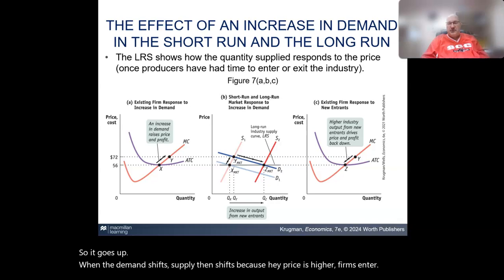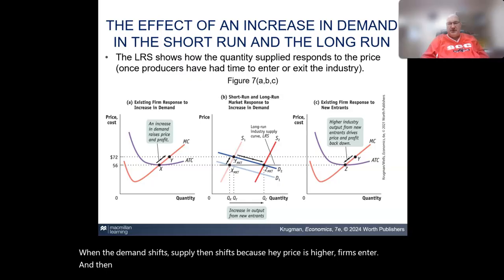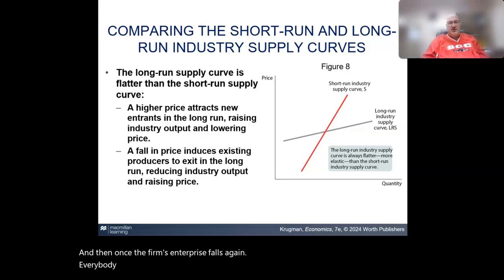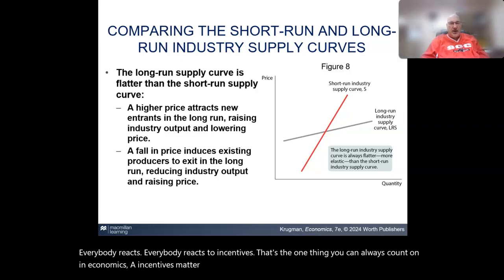And then once the firms enter, price falls again. Everybody reacts to incentives. That's the one thing you can always count on in economics. Incentives matter, and people are really big about dealing with those incentives.